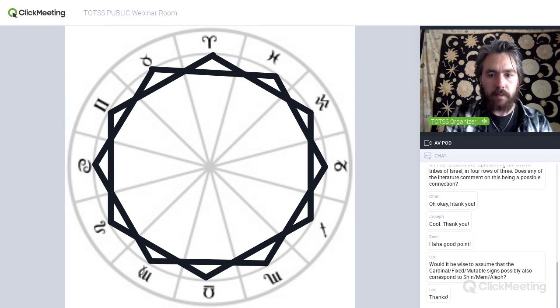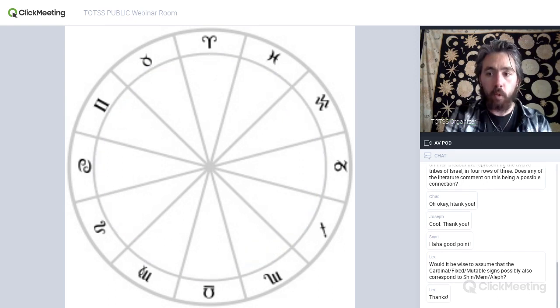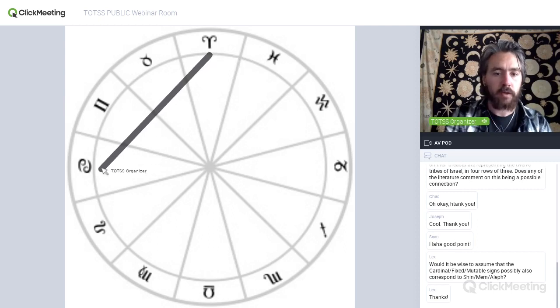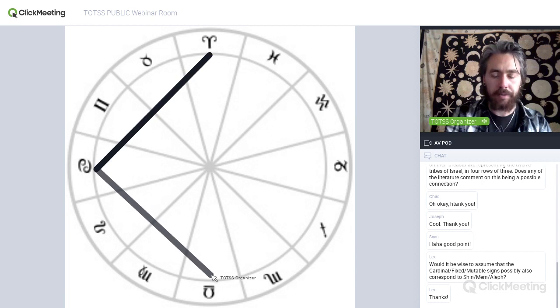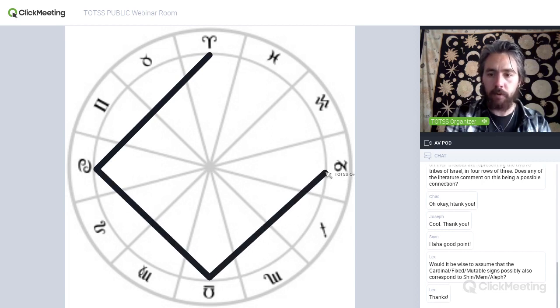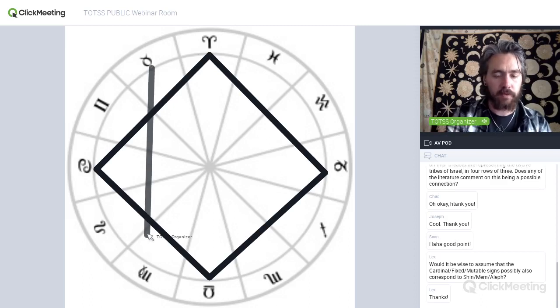And then with the quadruplicities, we'll now draw one from all the cardinal signs. So we'll go from Aries, cardinal fire, to Cancer, cardinal water, to Libra, cardinal air, to Capricorn, cardinal earth, and then back to Aries again, and we get a square. Now, with the fixed signs, a similar thing will happen.